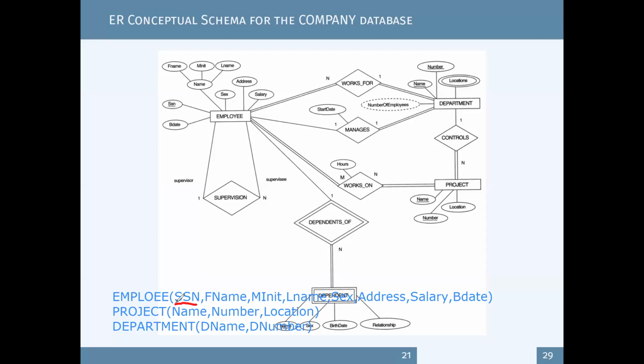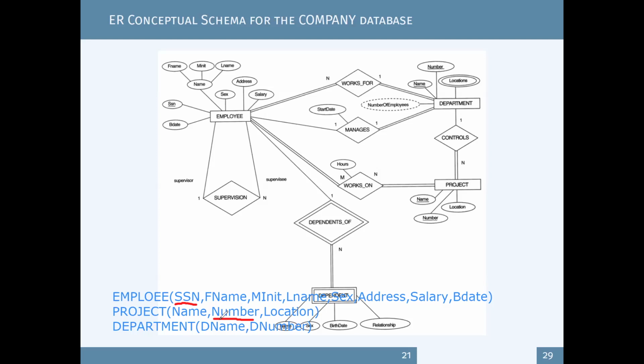Project, what do you think about the project? What can be taken as the primary key? Project, you have two key attributes. You can use either name or a number, but take one, right? So I will take the number, but you could have used name as well. One of these, not both, right?